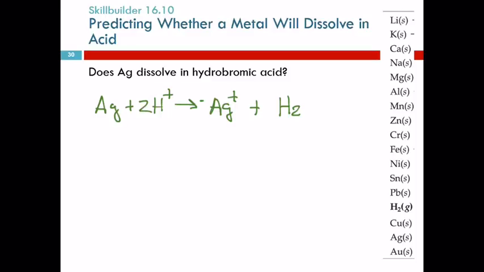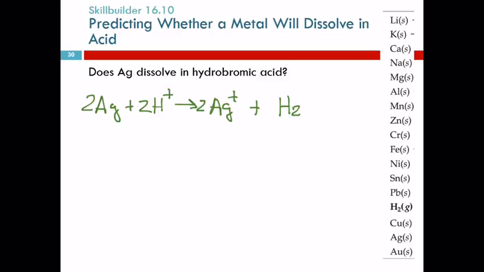We're going to have to stick some 2's in there. So hydrogen wins. Which side has the hydrogen ion? It's this side. It's going to stay on this side. It's not going to go forward. It's not going to dissolve in acid. Silver doesn't dissolve in acid.